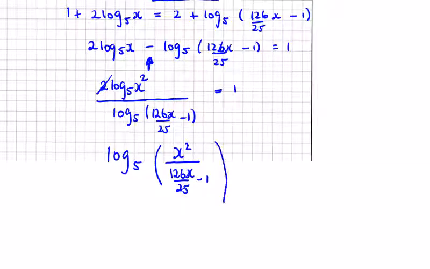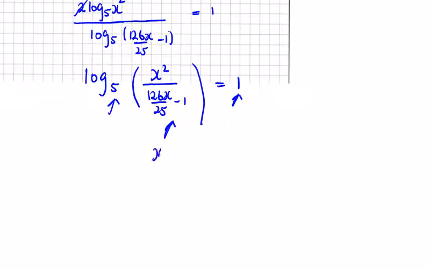So this whole thing is equal to 1. 5 to the power of 1 is equal to 5. So x squared over (126x over 25 minus 1) is equal to 5.